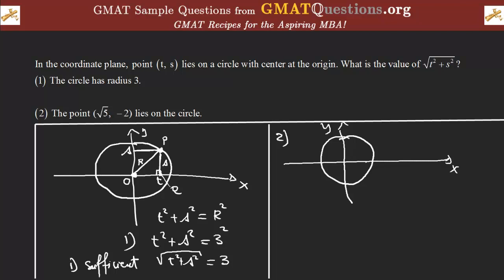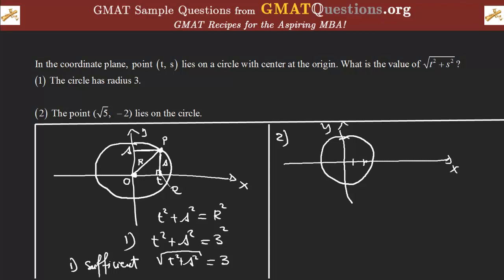Let's just say this is 1, and maybe this is 2. So it's around here. That's root 5, the x coordinate.